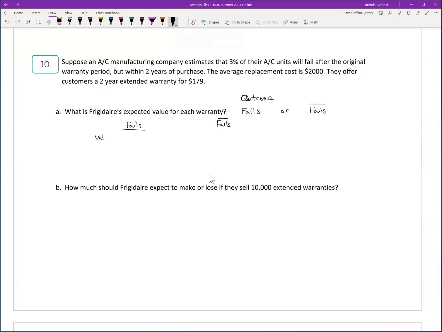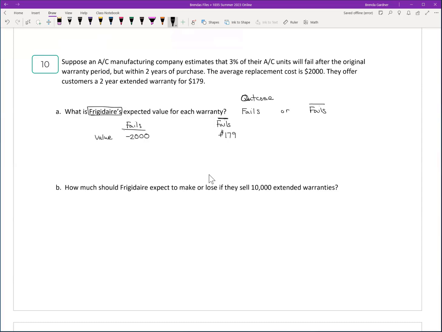Okay, so value-wise, if it fails, and this is to Frigidaire, what happens? So if it fails, they may lose $2,000. If it doesn't fail, then if they have a warranty, they just made $179. Okay, so that's what we would think happens.